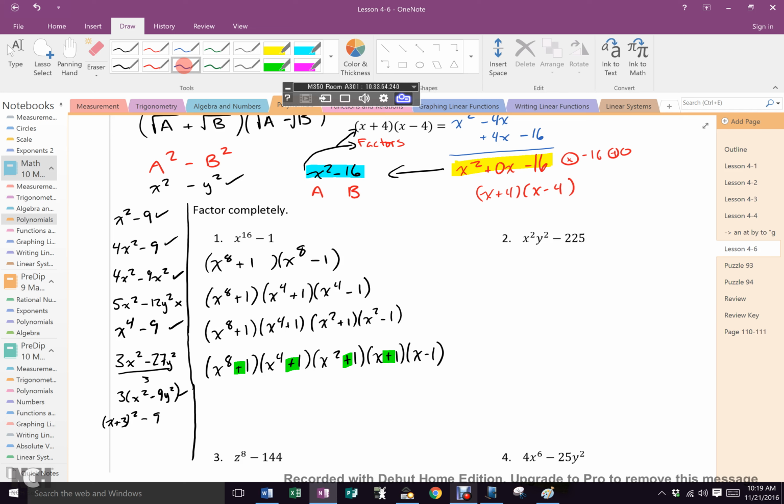So if number 2 is going to work, I must be taking square roots there, right? Well, what's the square root of x squared? x. What's the square root of y squared? y. So even though that looks weird, you know how to do it. What's the square root of 25? 5. And then I just write it again, minus 5. Is everybody okay with that?